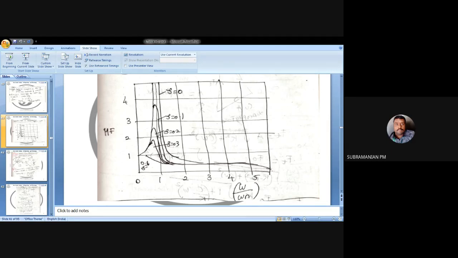At 0.2, I'm increasing the damping, so it is getting decreased. When going to 0.6, you can see the magnification factor coming less than 1. It is not increased compared to my static deflection.